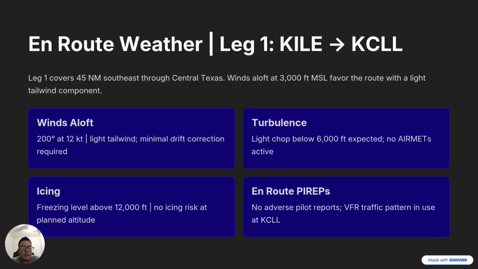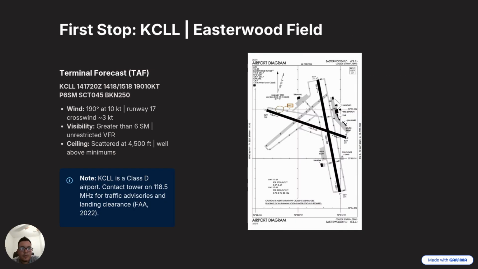There's not even a 5 degree correction. When it comes to turbulence, there is only light below 6,000, but it's not enough to create an AIRMET. For icing, icing is reported above 12,000 feet, so we don't need any de-icing equipment at all for this trip. En route PIREPs, we don't have any for this one.